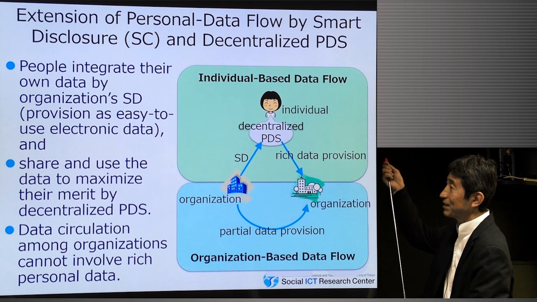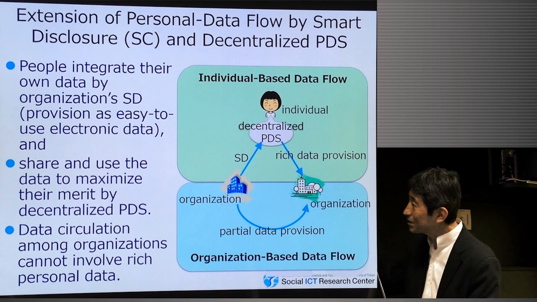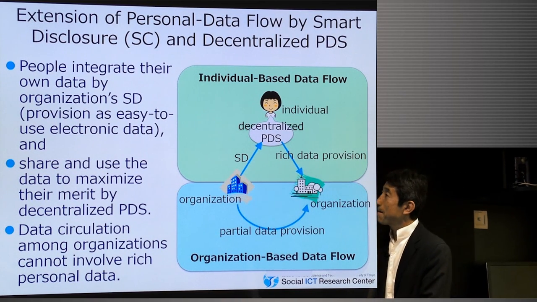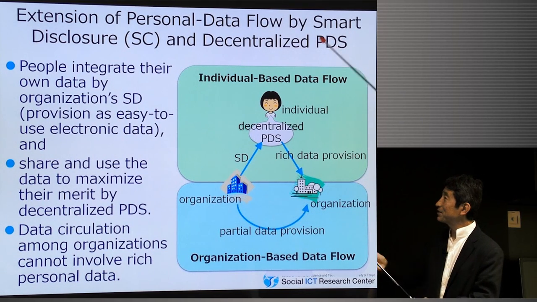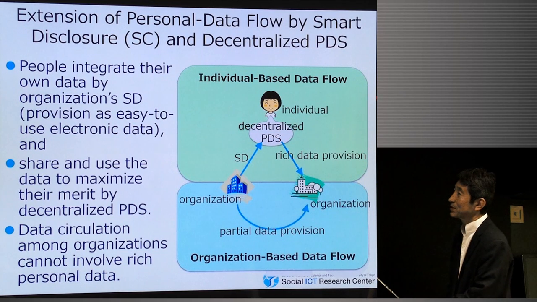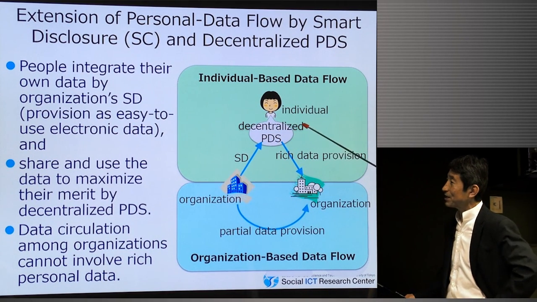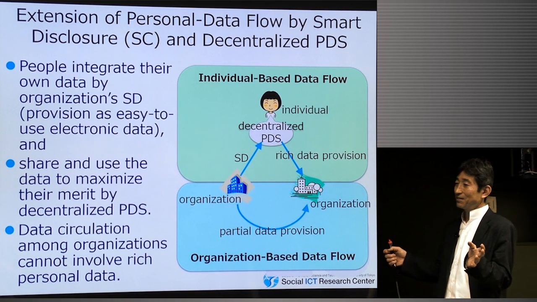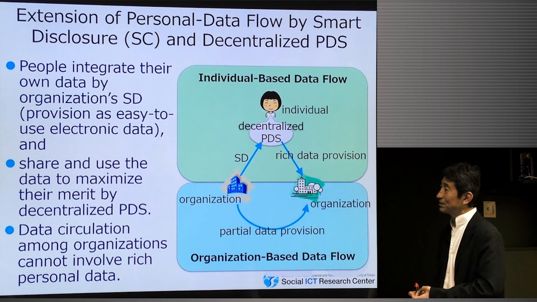Okay, that's the story about mediator. And let's go back to more basic aspect of decentralized PDS. What I'm going to talk about here is smart disclosure. So the combination of smart disclosure and decentralized PDS would implement very rich flow of personal data in the society.